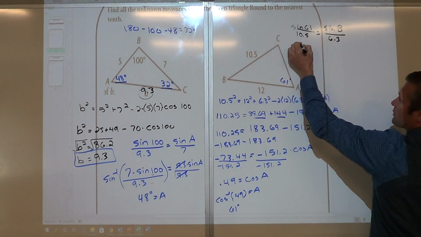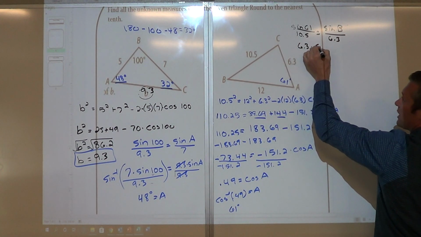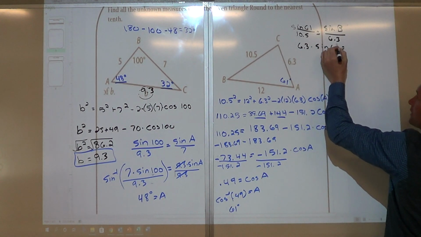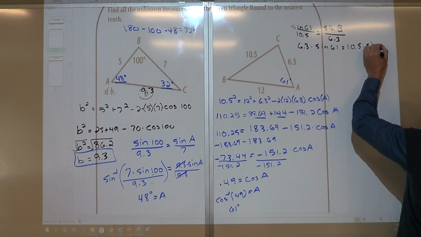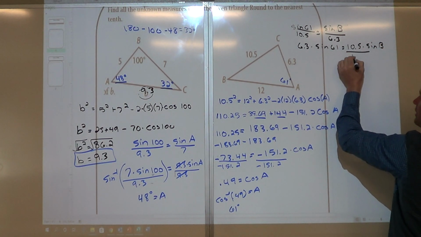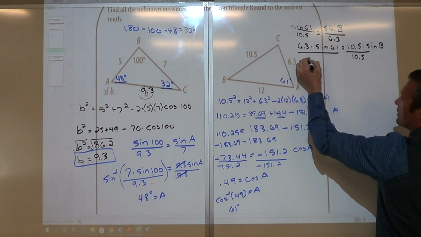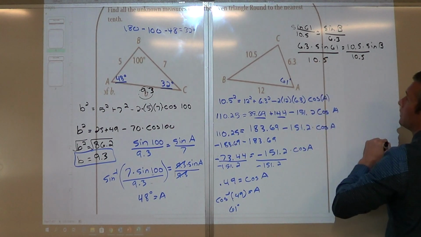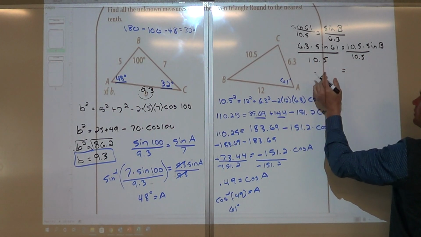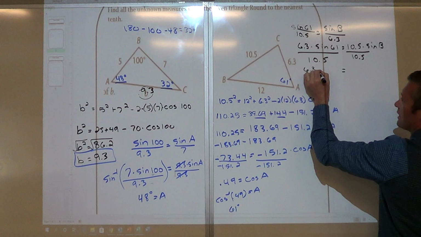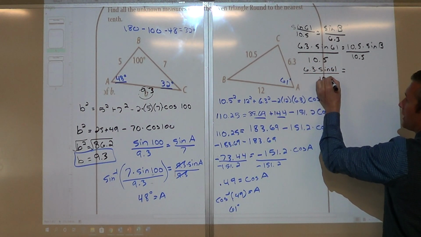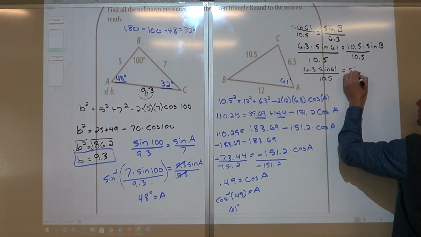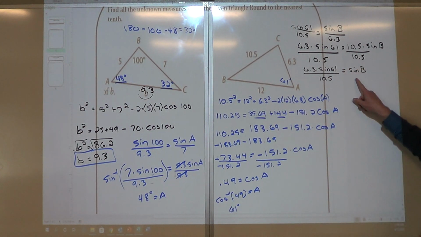Cross multiply, so 6.3 times sine 61 equals 10.5 times sine B. Divide by 10.5, divide by 10.5. So that's equal to 6.3 times sine 61 over 10.5, sine of B. Now, to get rid of the sine, I have to do the inverse.